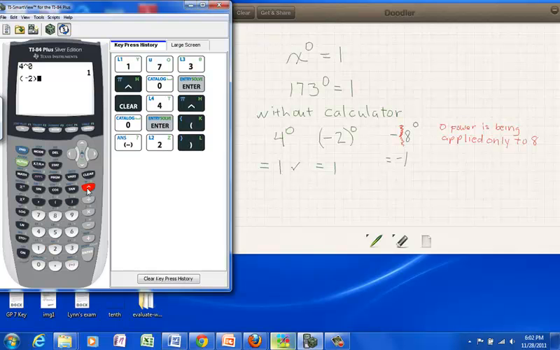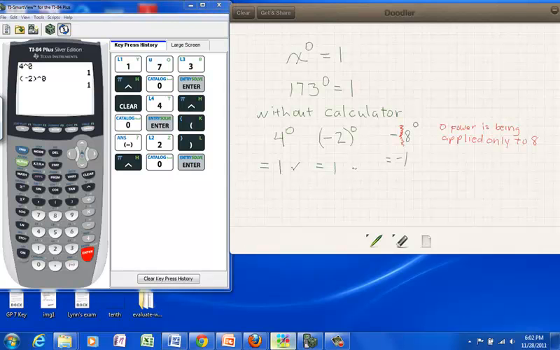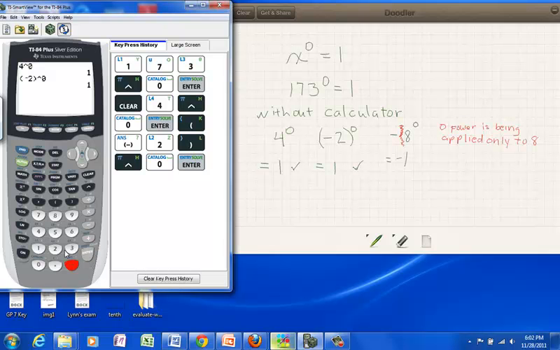And then raise that to the 0 power. And that equals 1. So this one also works. Now the last expression was negative 8 without any parentheses, raised to the 0 power. And we can see that that answer is negative 1, and so it does match our answer over here.